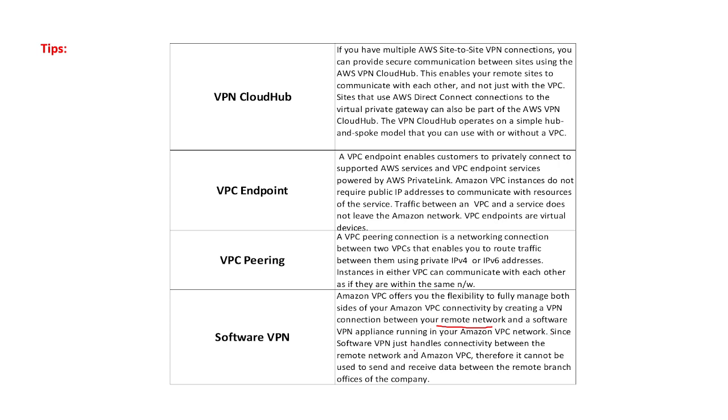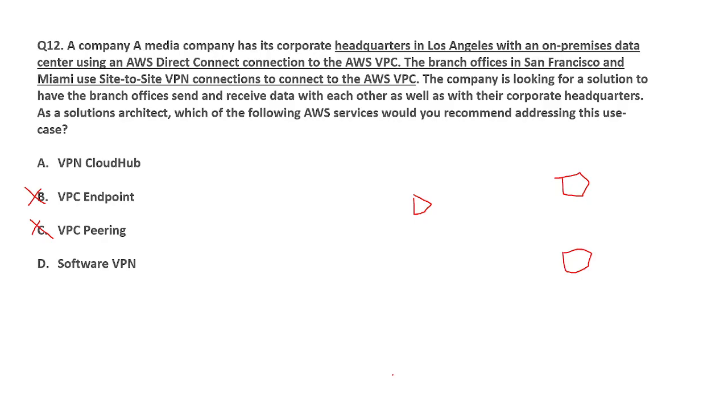Since software VPN just handles connectivity between a remote network and the VPC, it cannot be used to send and receive data between remote branch offices and the company.